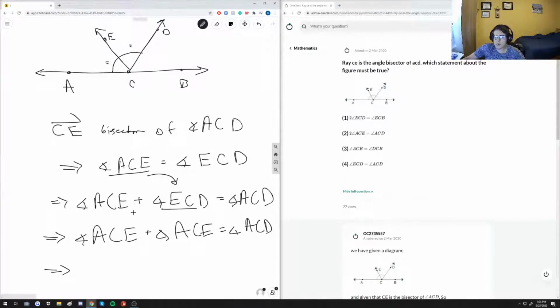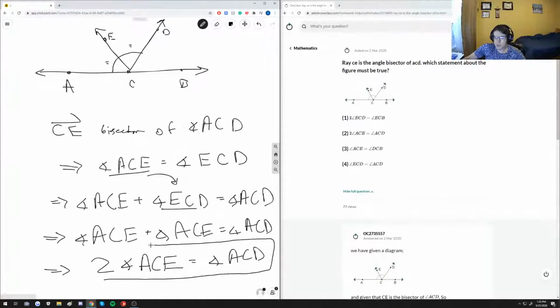Okay? And that means that we have 2 of angle ACE, the product of 2 of them, equaling the angle ACD, which is exactly our answer choice B in this case, right? That's just a consequence of an angle bisector.